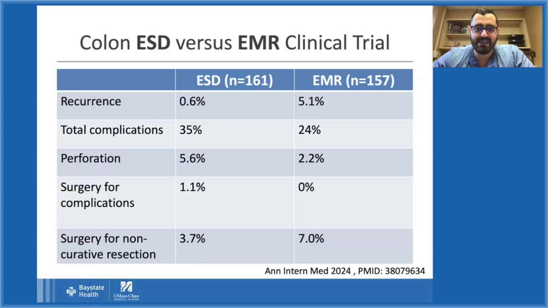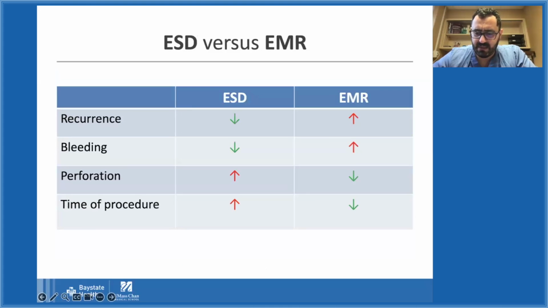Both techniques have pros and cons, and sometimes it can be difficult to decide how to proceed. As a summary here, I included this table. For ESD, the recurrence and the bleeding risk, I'm talking about delayed bleeding risk, would be lower than EMR.